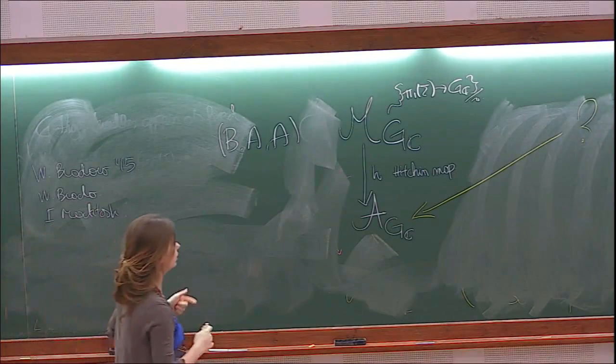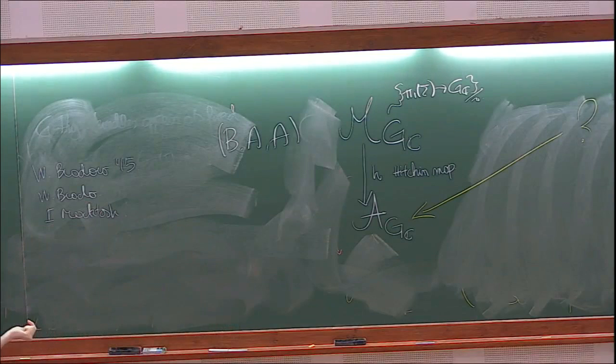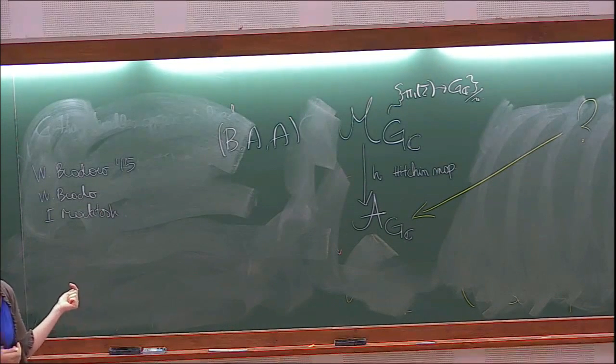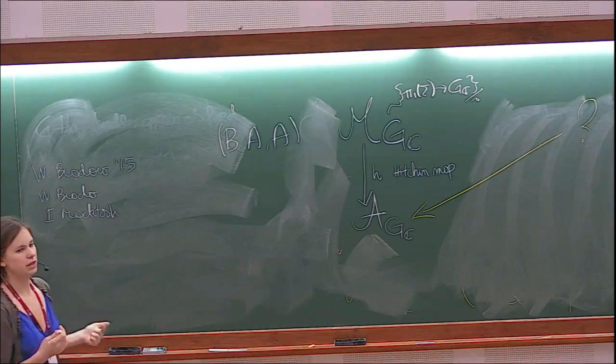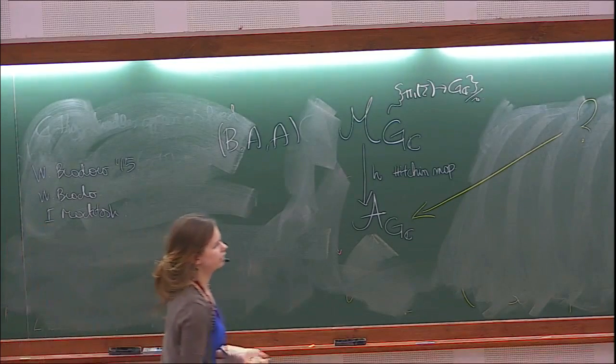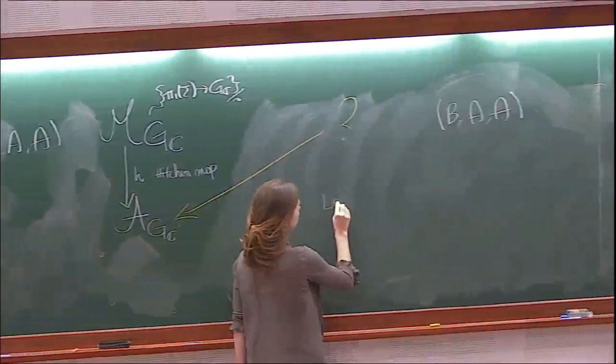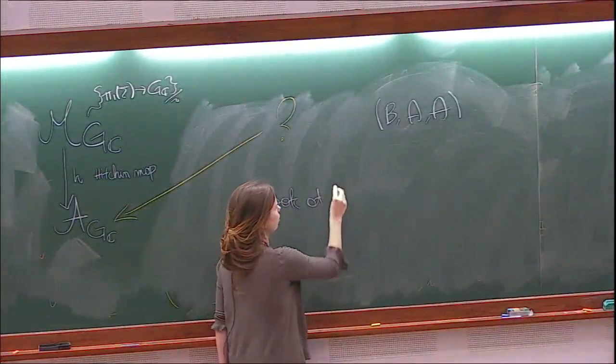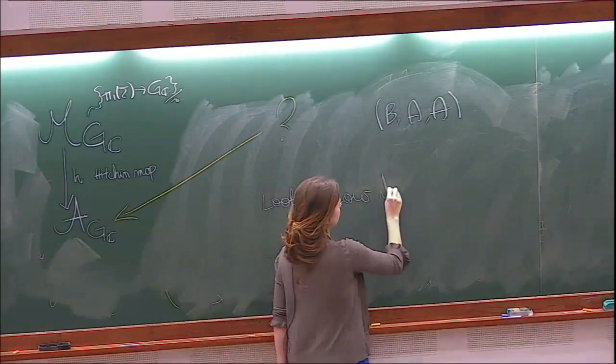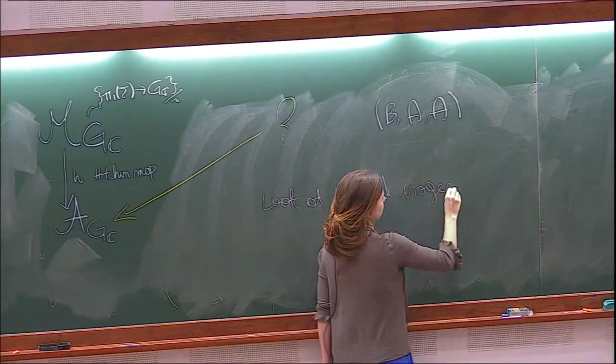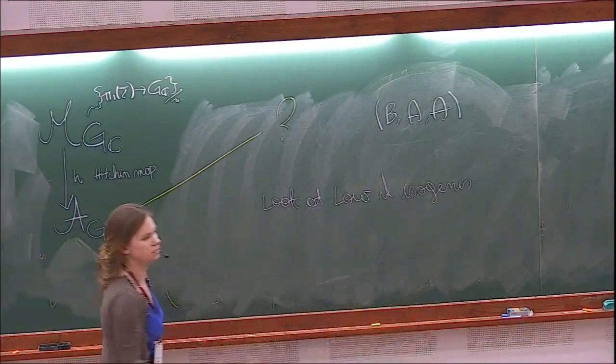The ways that we're approaching are by taking different representations of the group. So you can take minuscule representations for the same group, or for different groups, and you can also take isogenies. So the first thing is to look at low rank isogenies to get correspondences between Hitchin fibrations.